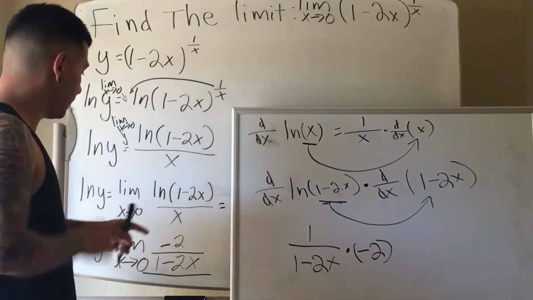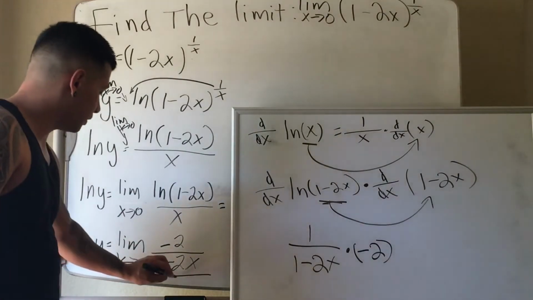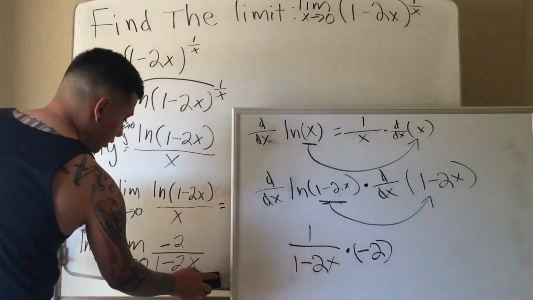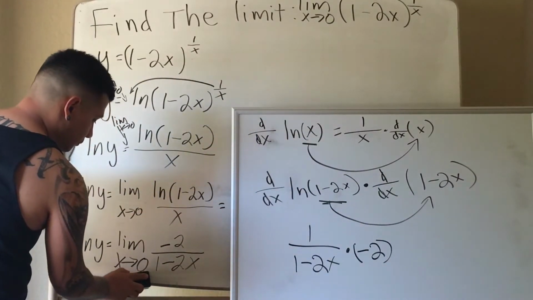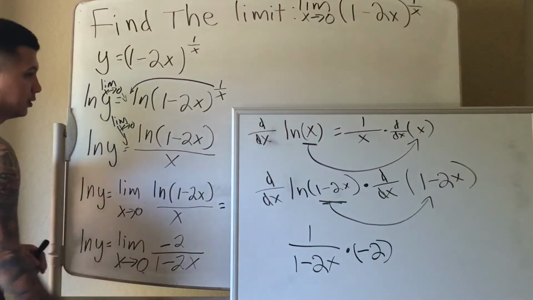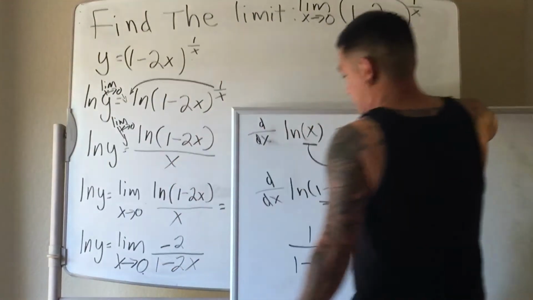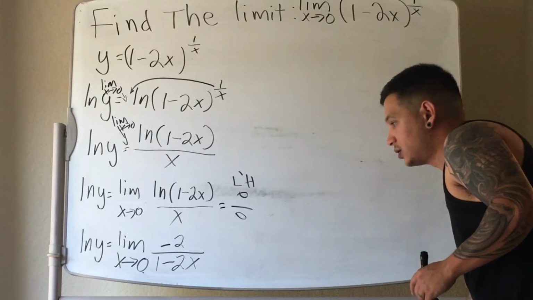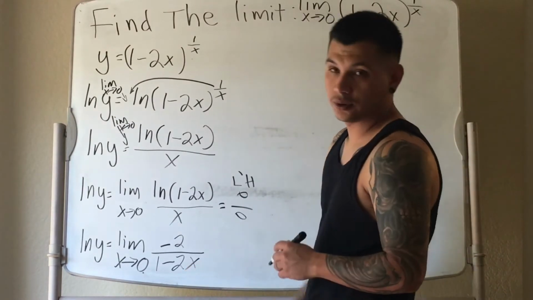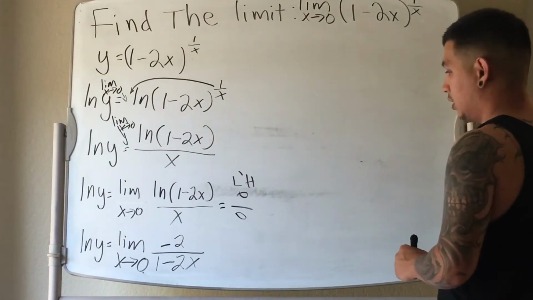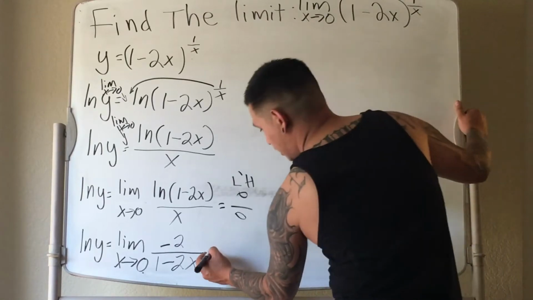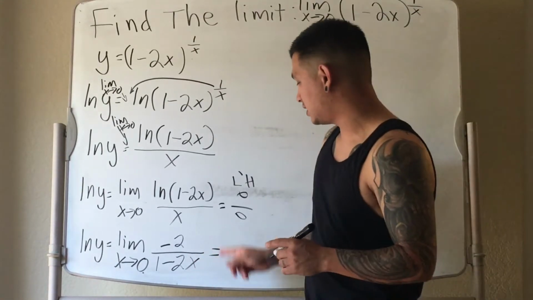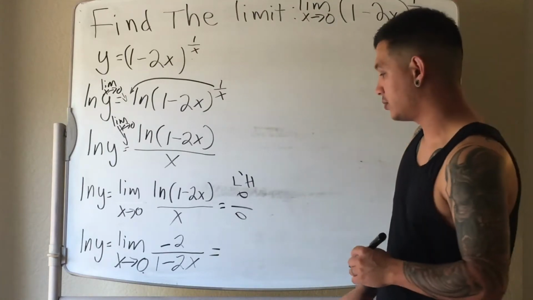The derivative of x is just 1, so you don't even have to write that 1. That's nice. It just becomes negative 2 over (1 minus 2x). So let's plug in 0 now for our x and see what happens after we use L'Hospital's rule.